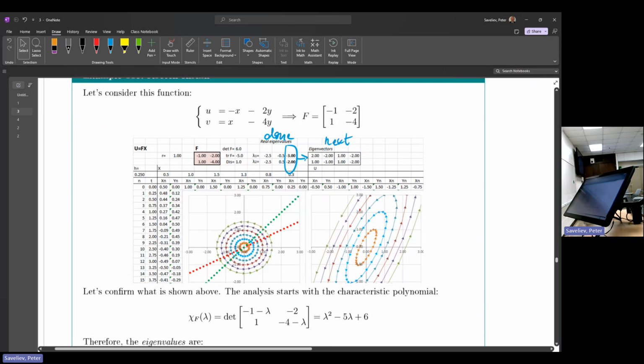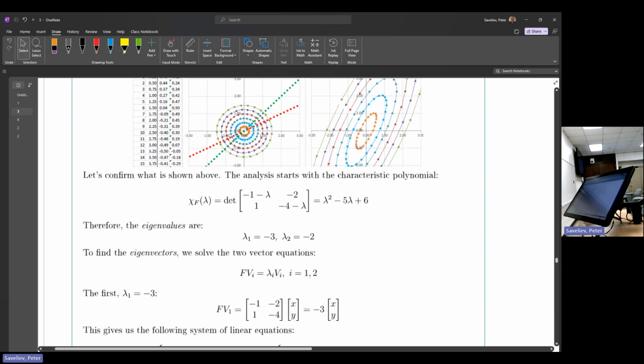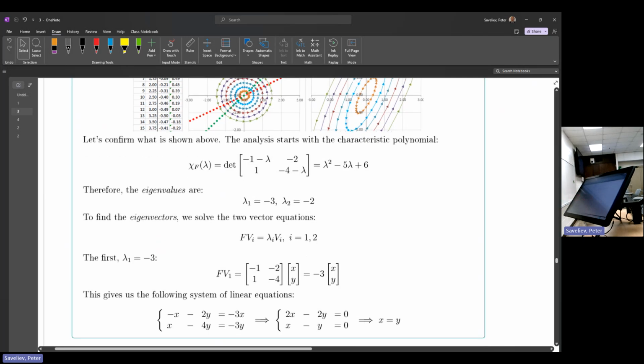Where did these two green and red lines come from? It's done by the spreadsheet. The answer is not too complicated: we need to find unknown numbers, and we already found one of them. Here I take -3 first and substitute it into the definition of eigenvalues.